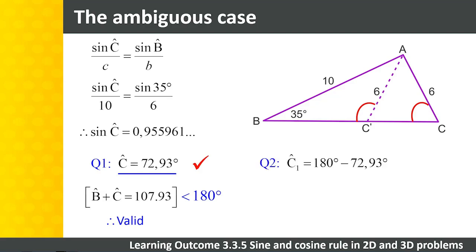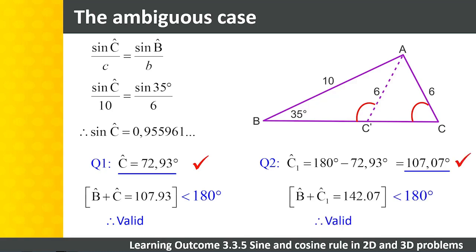We also need to look at quadrant 2, where C1 equals 180 degrees minus 72,93 degrees, which is 107,07 degrees. Checking to see if the answer is valid by adding C1 and B, we find that it is also less than 180 degrees. So this solution is also valid. So in this case, there are two possible values for angle C.